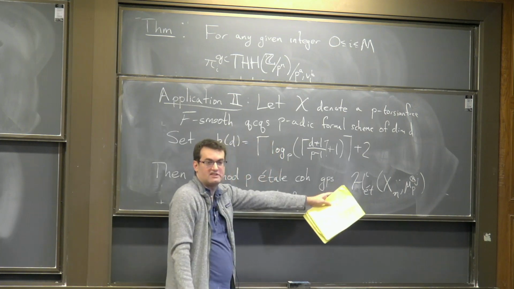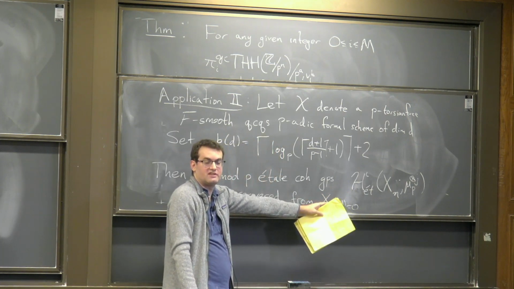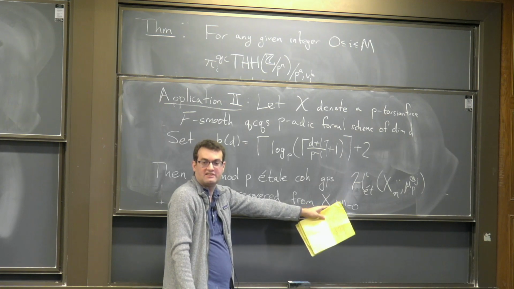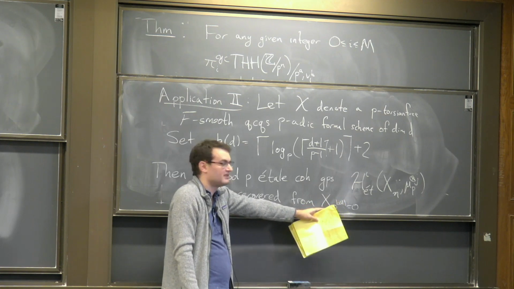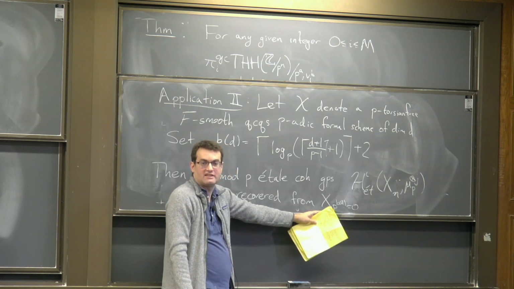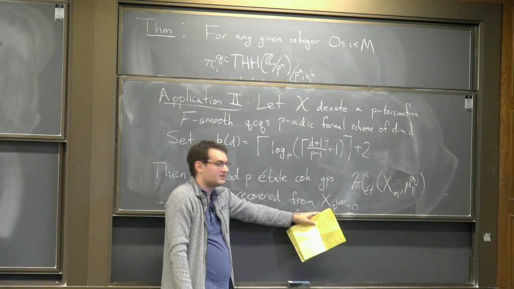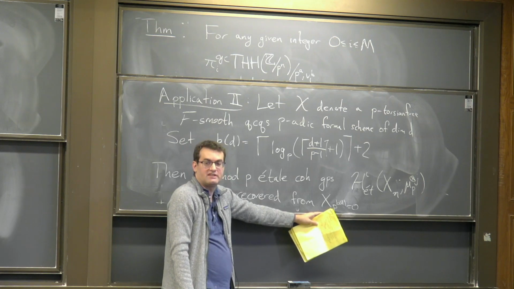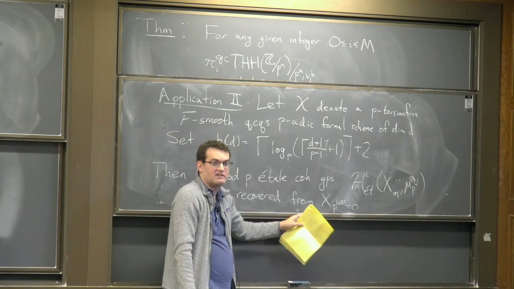So this is the cohomology of the generic fiber. This is the cohomology when you invert p on this p-torsion-free formal scheme. And I claim that you can actually completely understand the mod p cohomology of the generic fiber from some reduction that depends only on the dimension.